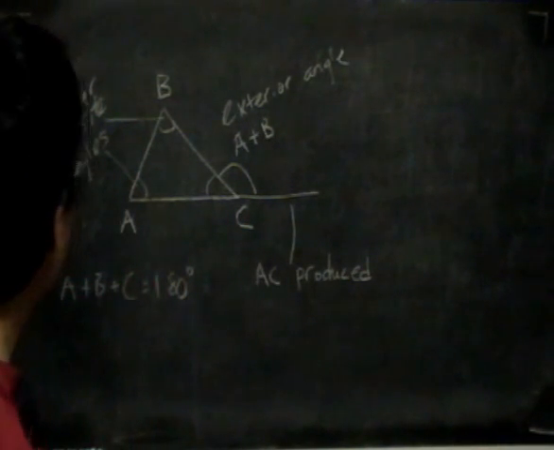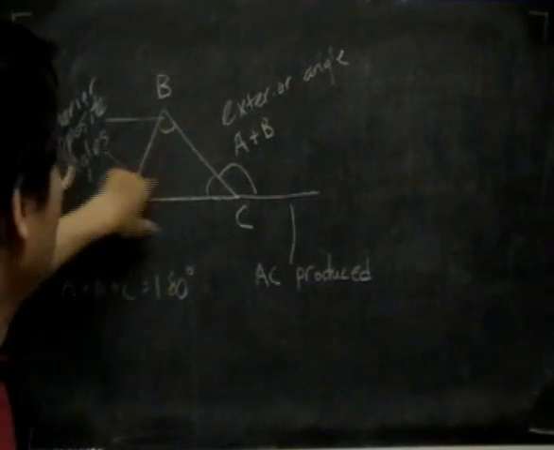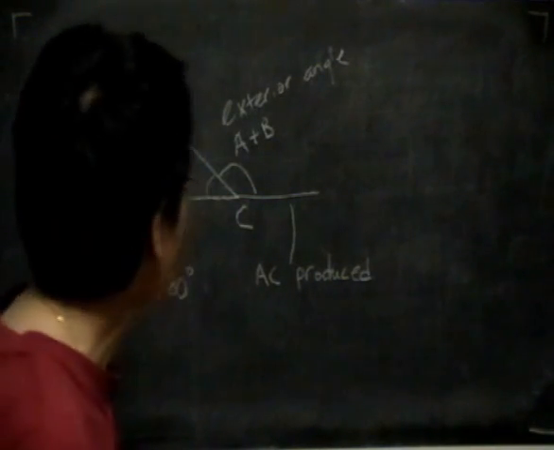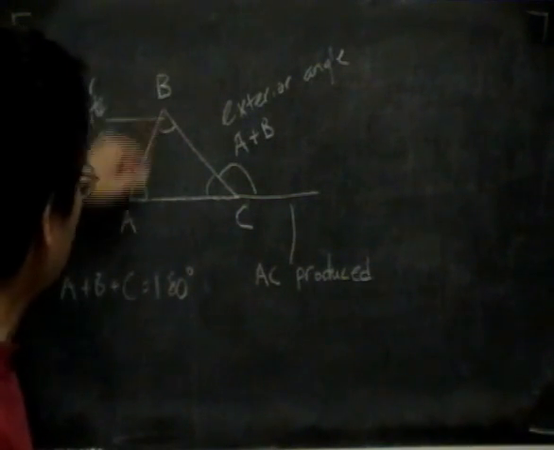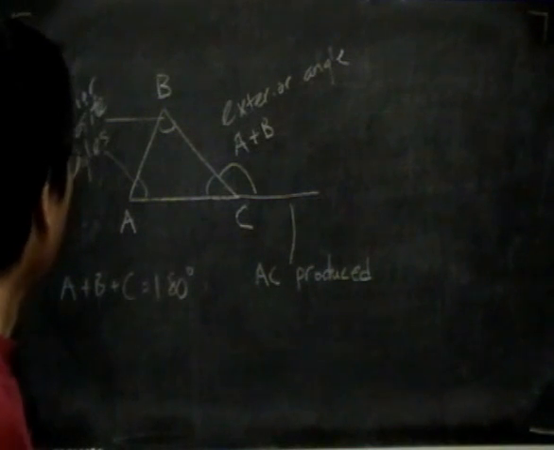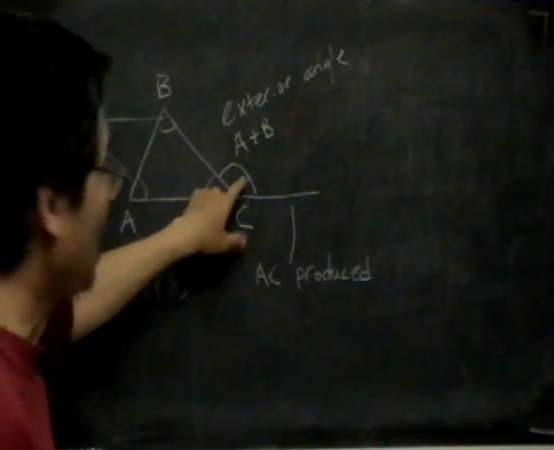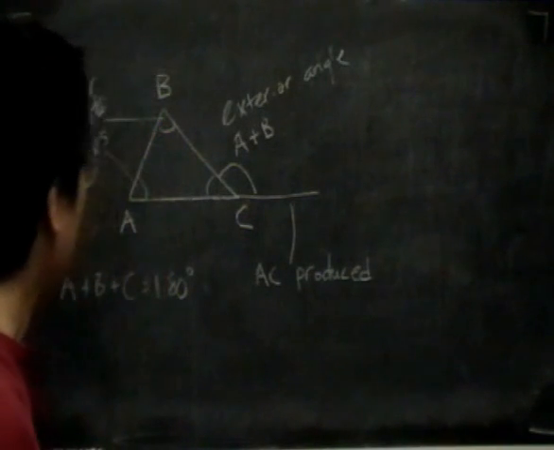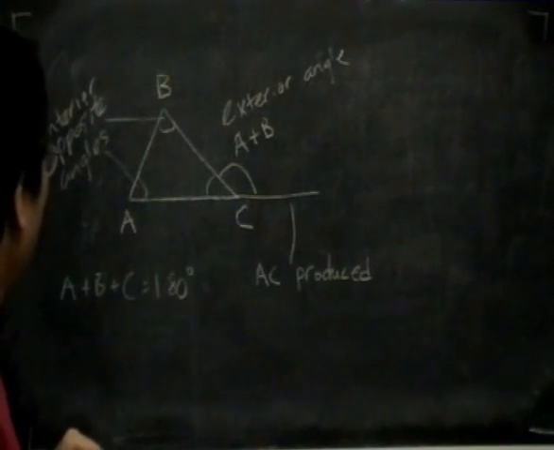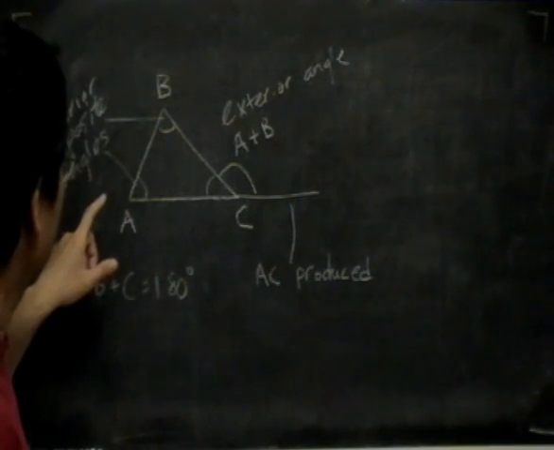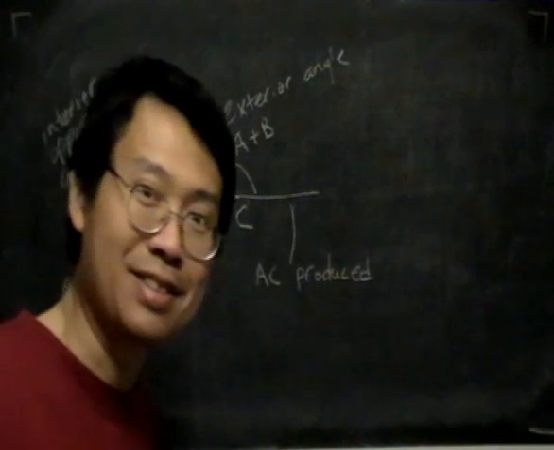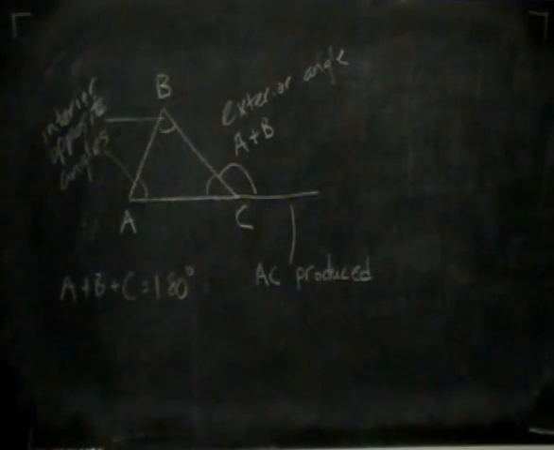Okay, interior because they are inside the triangle. Opposite because they are opposite of that angle, right? And angles because they are angles. Alright.